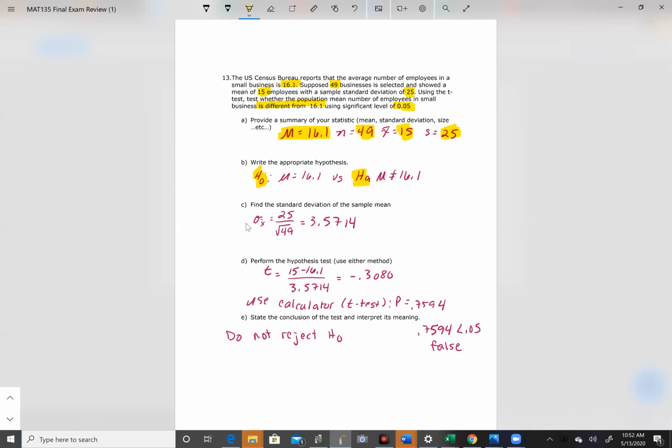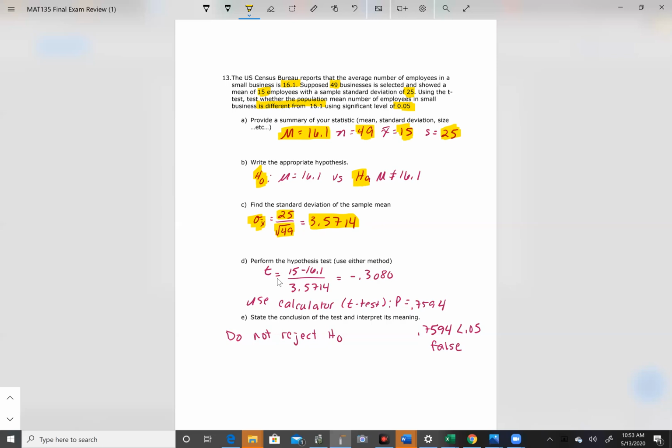So in our sample, we find our standard deviation of our sample to be 25, which is the sample standard deviation divided by the square root of our sample size. So our sigma of our sample is 3.5714.